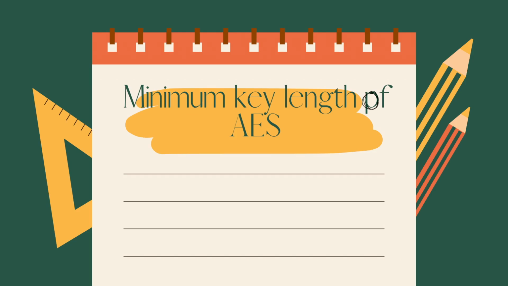We are aware that the key length in AES can be of three kinds: 128, 192 or 256. The longest allowed is 256 and the minimum is 128. I hope you all have answered it correctly, and if you have any doubts regarding the question, you can post it in the comment section.